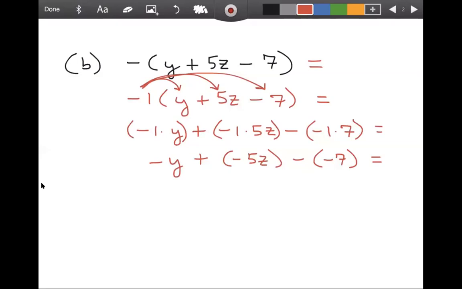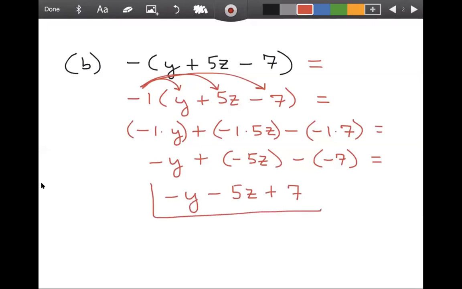So usually if you're trying to simplify an expression and there's a choice between having parentheses or not having parentheses, we try to write it so that we don't need the parentheses if possible. So in this case, it would be opposite y minus 5z plus 7. Remember that subtracting -7 is the same thing as adding 7.